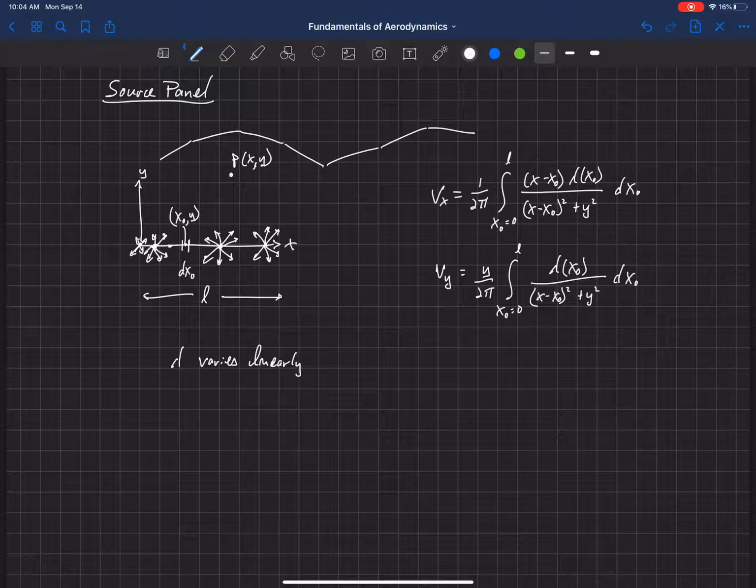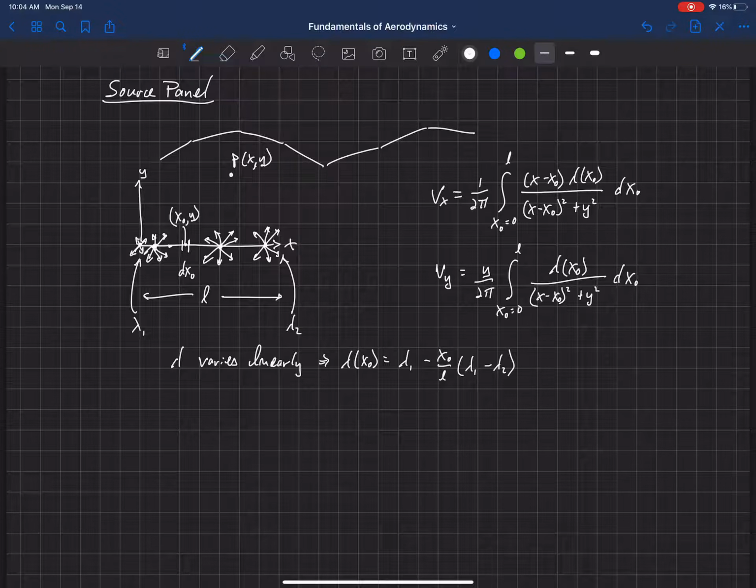So at one end we're going to have lambda 1, and at the other end we'll have lambda 2, and we'll say that it's a linear variation across that panel. That gives us that lambda of x naught is equal to lambda 1 minus x naught over L times lambda 1 minus lambda 2.